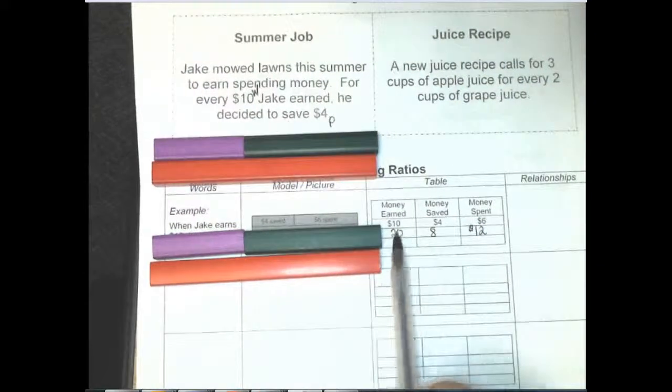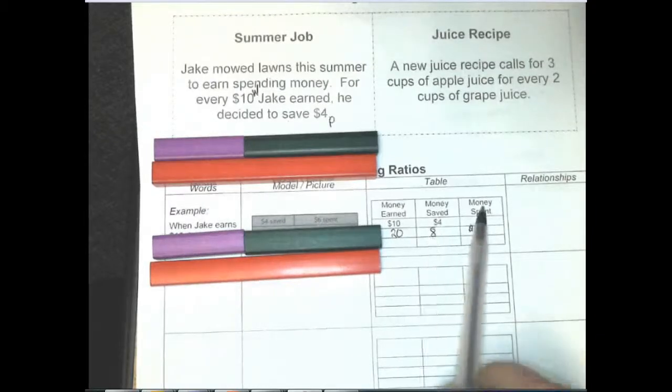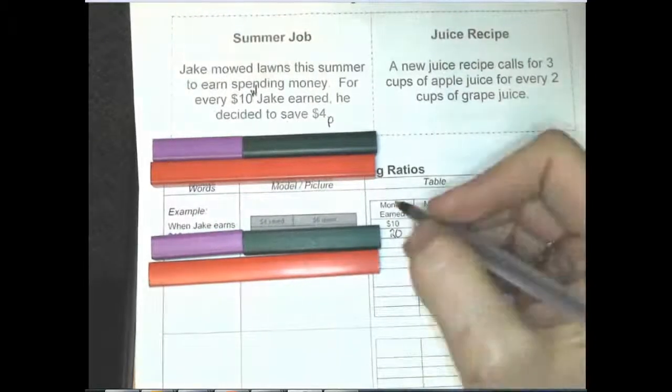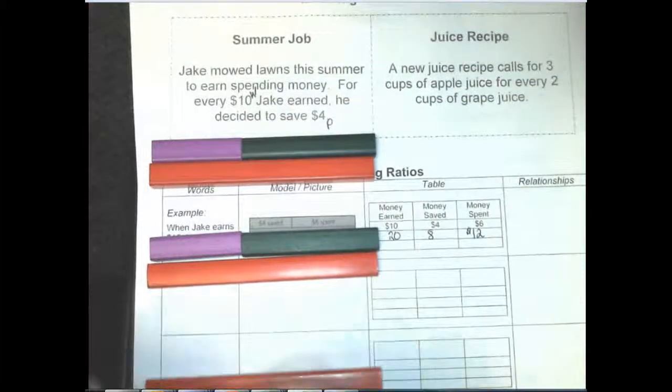Notice that this is multiplicative thinking because I went from 10 to 20, I doubled that number. I went from 4 to 8, I also doubled that number. And to go from 6 to 12, I also doubled that number. Notice how I multiplied by that constant number of 2. What if I added another group of the purple, green, and orange?